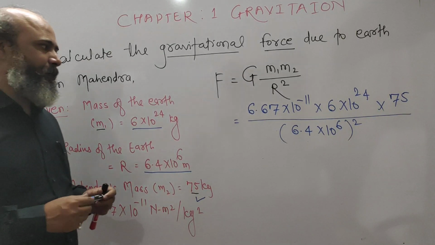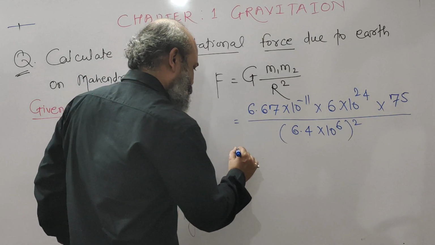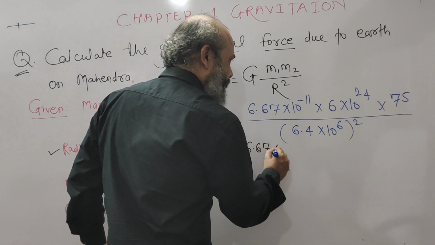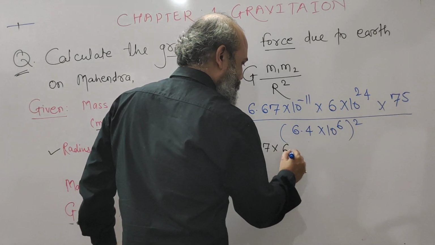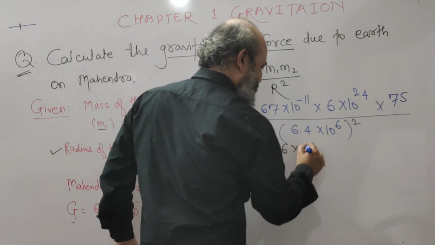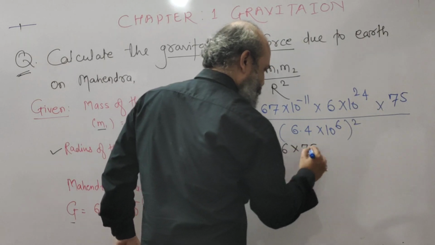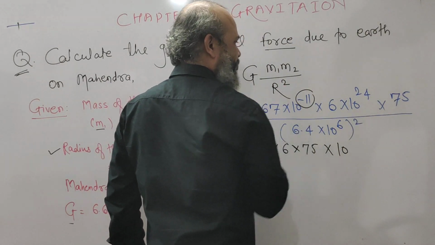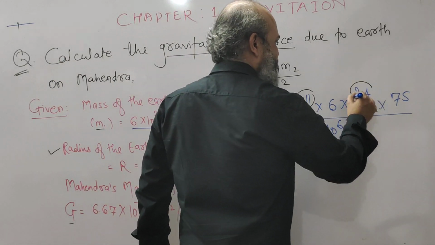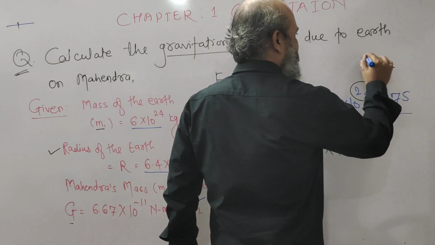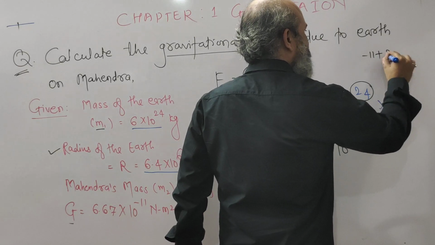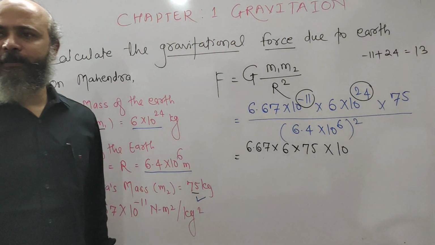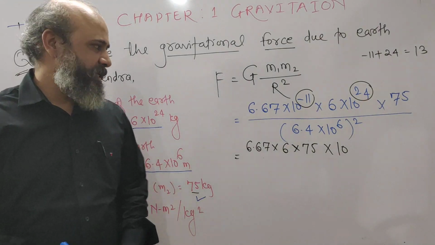Now we will simplify. Okay student? So what you will get? 6.67 into 6 into 75 into 10 to the power minus 11 plus 24. Minus 11 plus 24 is plus 13.